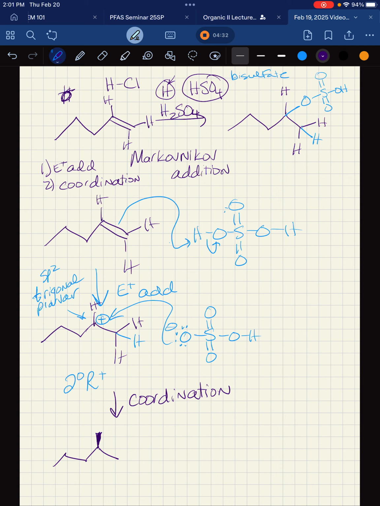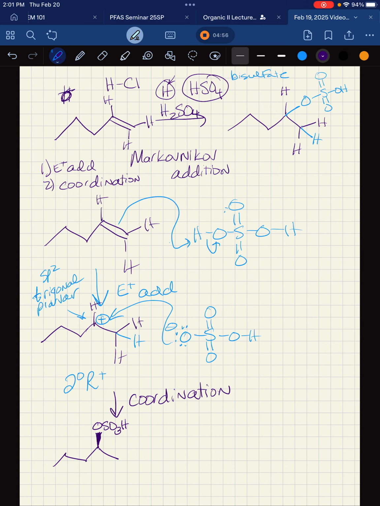If it's okay with you guys at this point, I'm going to go ahead and do a couple of things. I'm going to get rid of drawing all the hydrogen atoms, and then I'm going to abbreviate the bisulfate anion in the following way. I'm going to pull out one of those oxygen atoms and show that that is what is bonded to the carbon atom of our pentane.